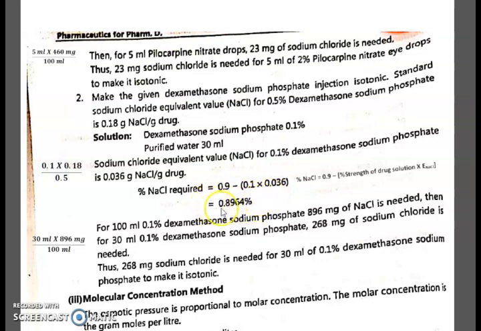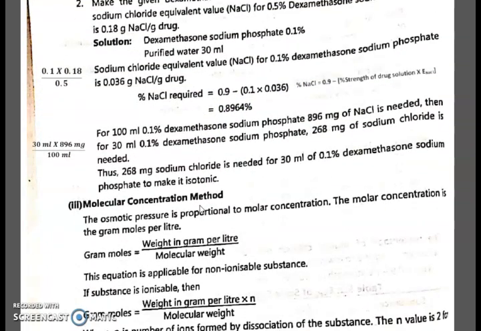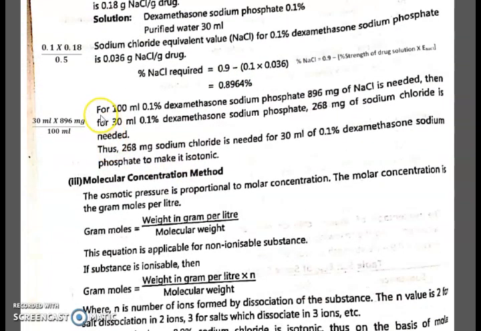That gives 0.8964%, which means for 100 ml of 0.1% weight by volume dexamethasone sodium phosphate, 896 mg of NaCl is needed.